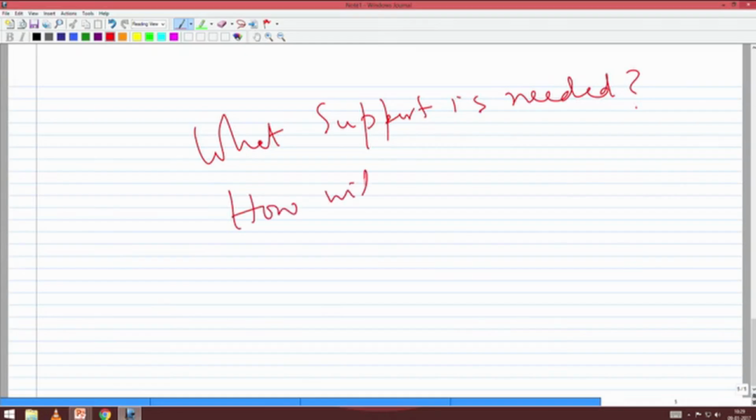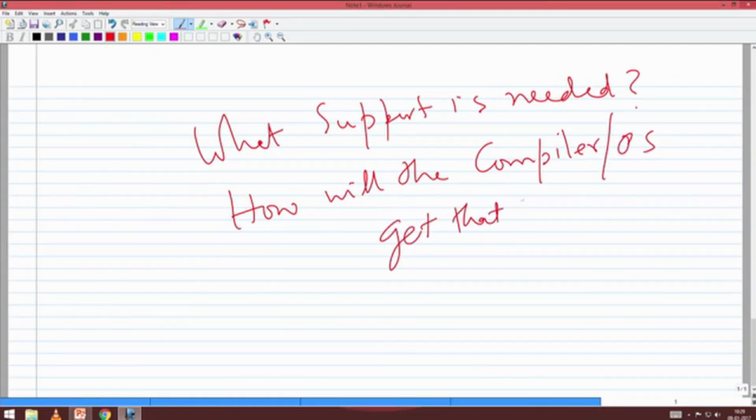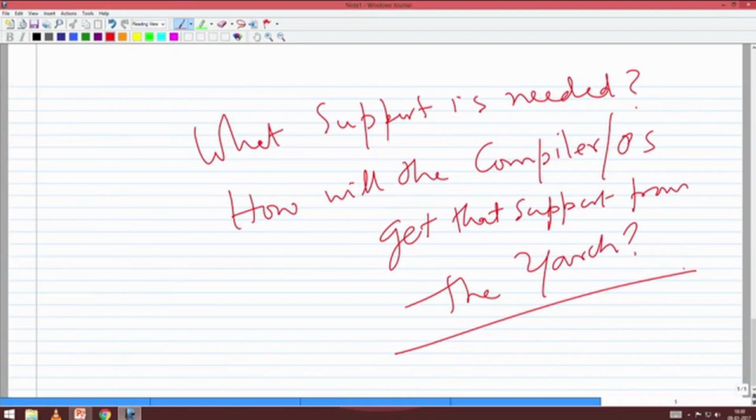How will the compiler / OS get that support? From the microarchitecture. These two questions need to be answered.